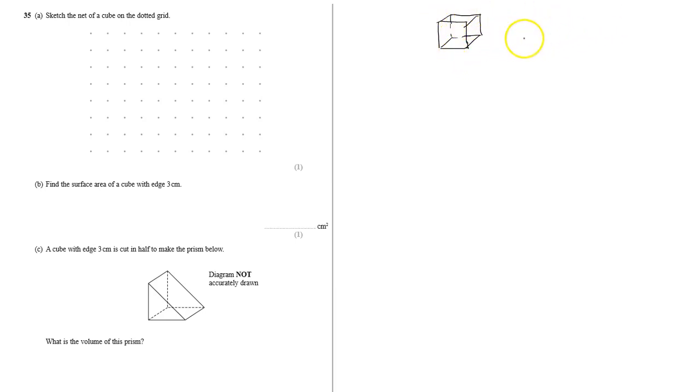If you open this box, this is the down one, then this flap will come this side, this one will go this side, this one will come here, and this one will come here. Now the top one can be attached to this one, or this one, or this one; that is up to you.